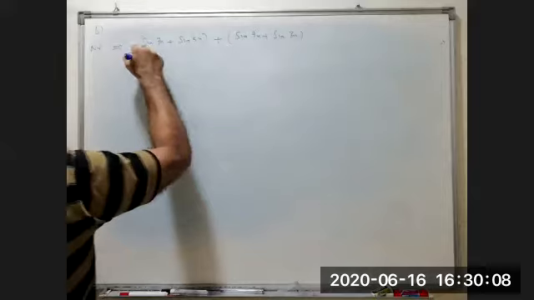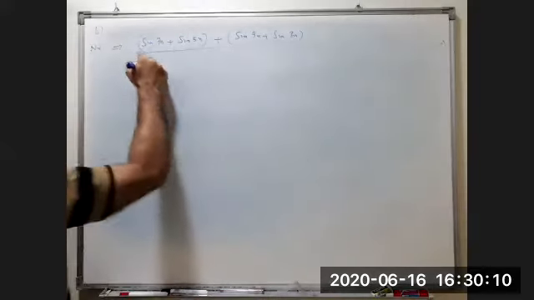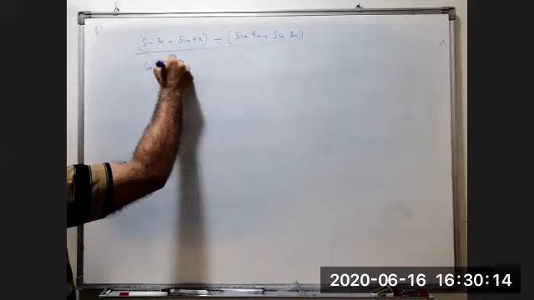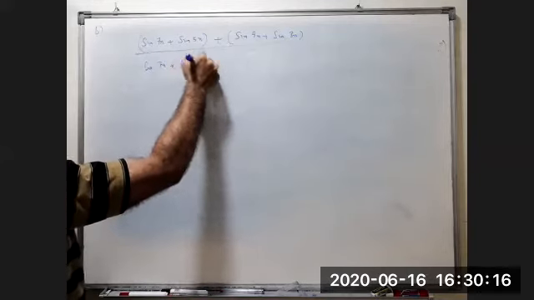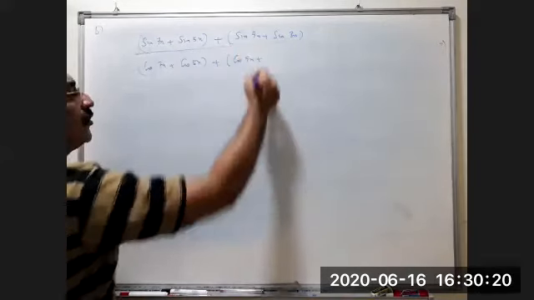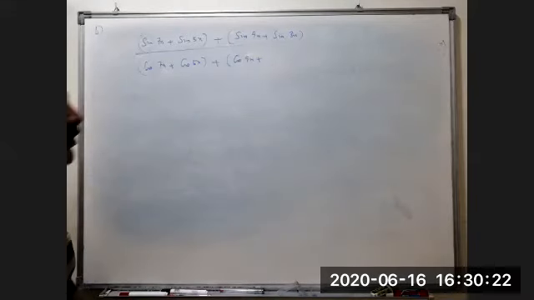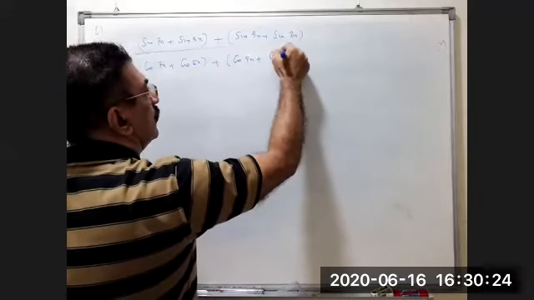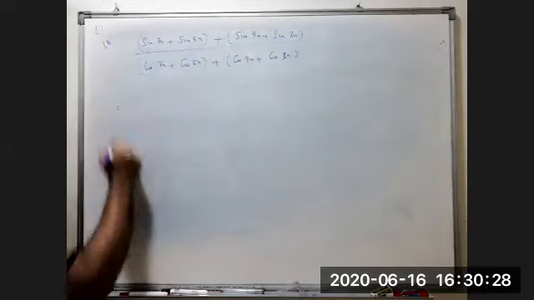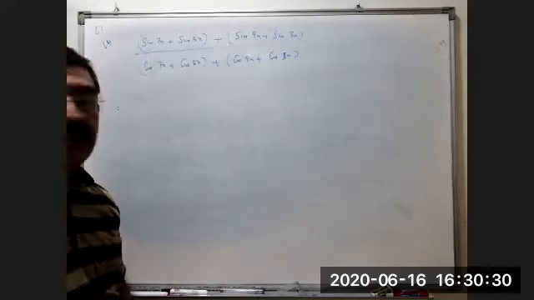In the denominator we have cos 7x plus cos 5x plus cos 9x plus cos 3x.